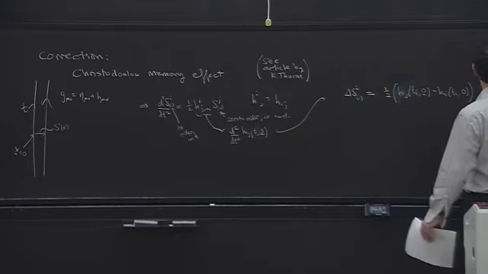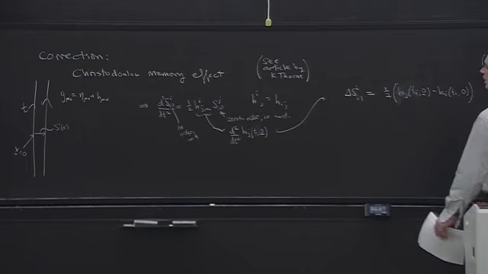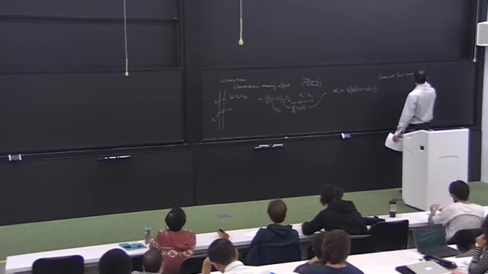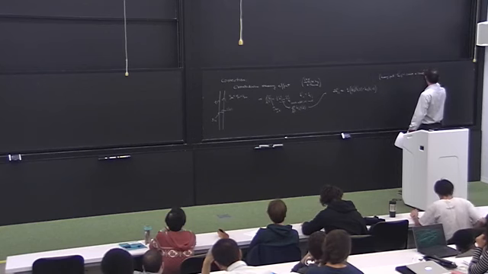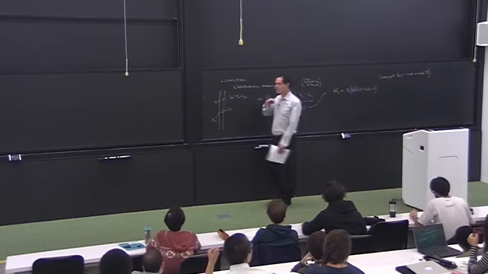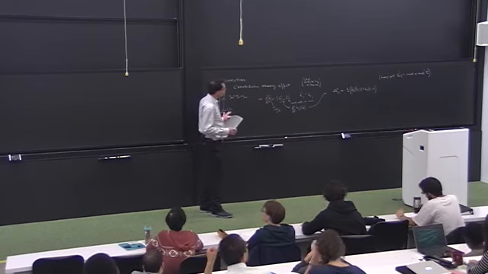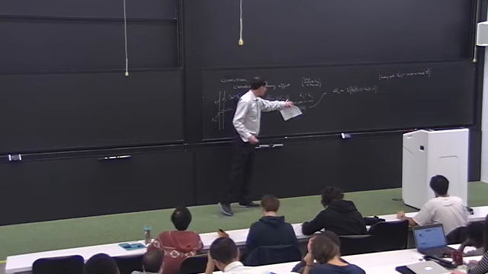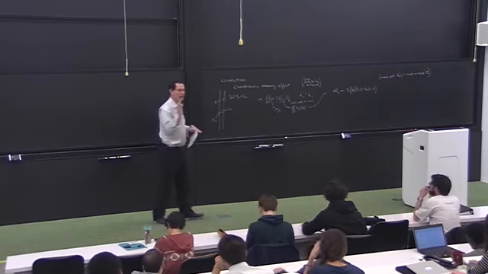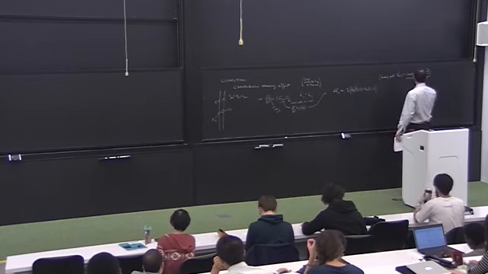The homogeneous part, s_1 goes like a constant plus some other constant times t. That's 0 because of the initial conditions: at t initial, the first order displacement is 0 and the first order velocity is 0. So these are all 0 by the initial conditions.